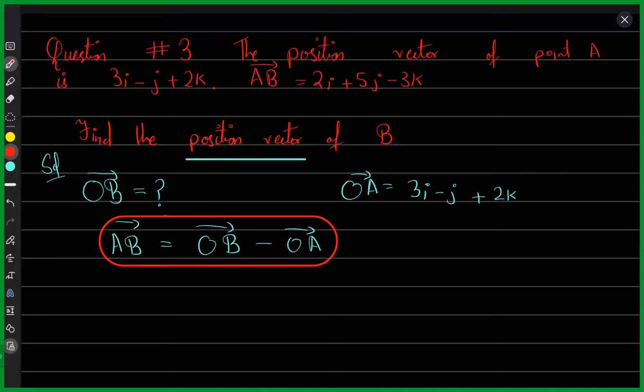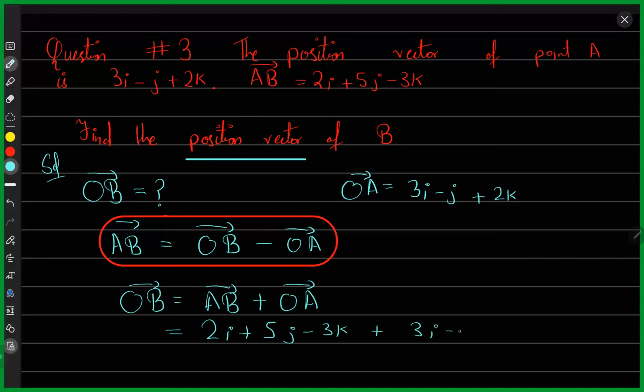So since we're interested in finding out OB, I can write down OB as AB plus OA, and AB is going to be 2i plus 5j minus 3k, and OA was 3i minus j plus 2k.